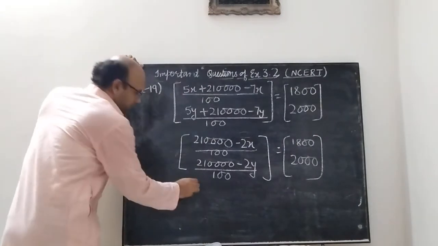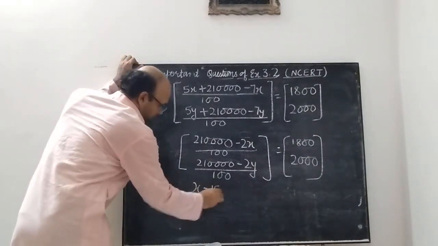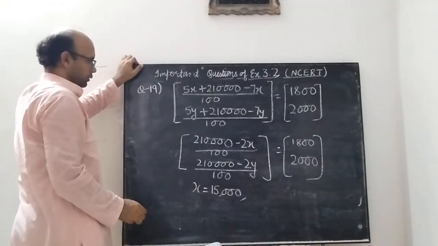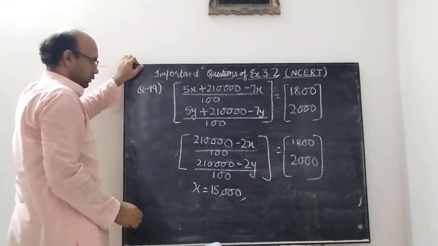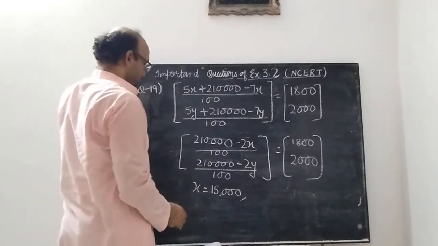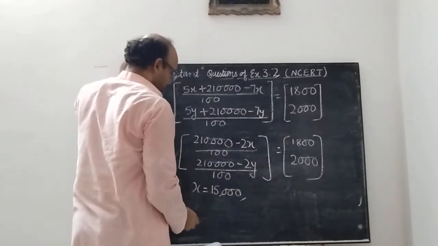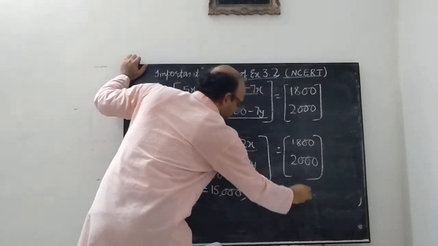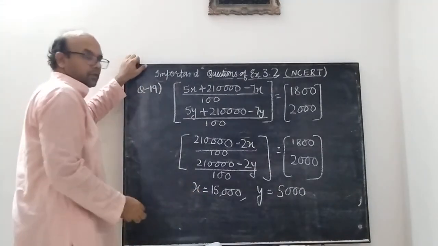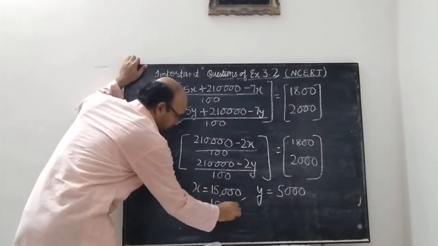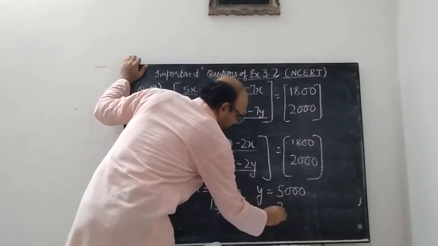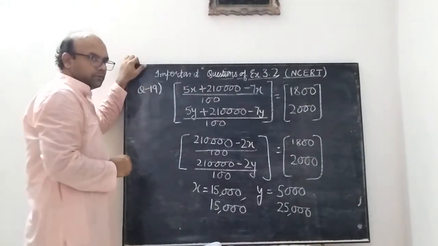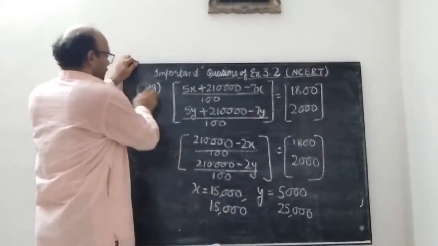On simplification, we get x to be 15,000 and then the value of y will come out to be 5,000. So what it means is that the investments will come out to be 15,000 and 15,000, and over here the investments will be 5,000 and 25,000. Okay, so this is what we will be getting.